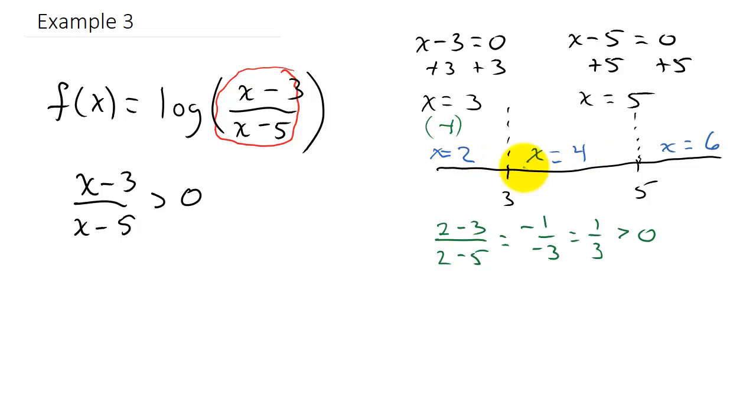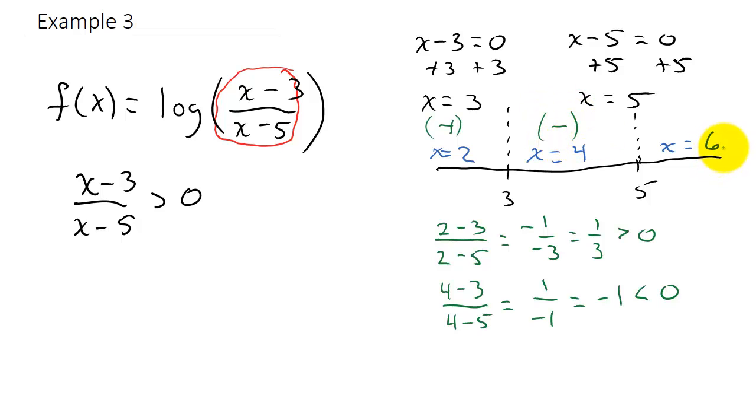And now I'm going to take the 4 and plug it in. So I get 4 minus 3 over 4 minus 5, which equals 1 over negative 1, which equals negative 1, which is less than 0. So that means everything in this region will be negative.